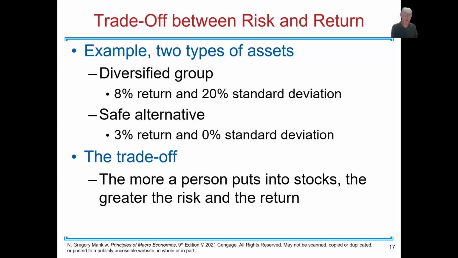When it comes to investing, there's two types of assets that I want to talk to you about. One is called the diversified group, and the other one is called the safe alternative. The diversified group has usually an average of an 8% return, which means for every dollar you invest, 8% of it is in growth, and has a 20% standard deviation.